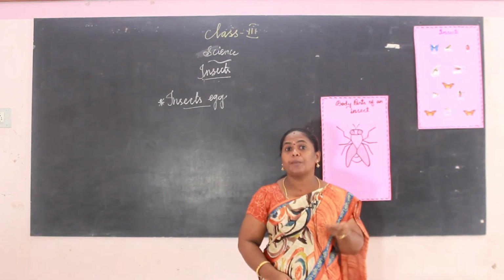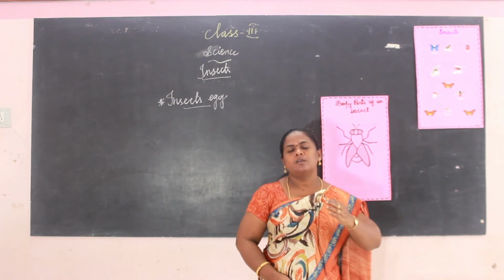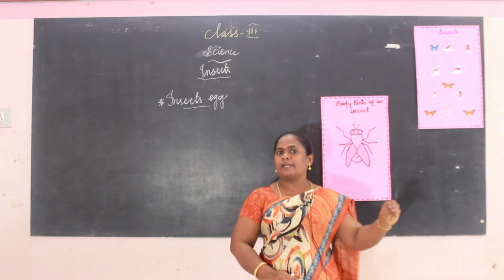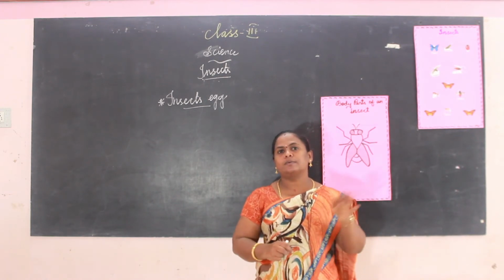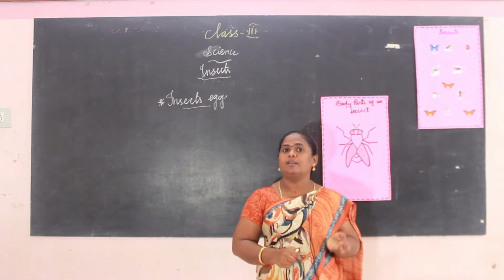The color, shape and size of eggs vary in different insects. For example, cockroach eggs are different from dragonfly eggs.